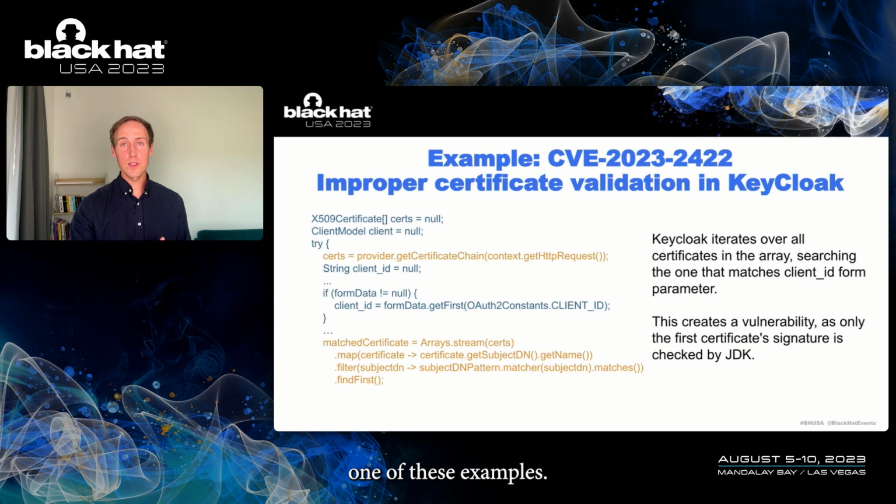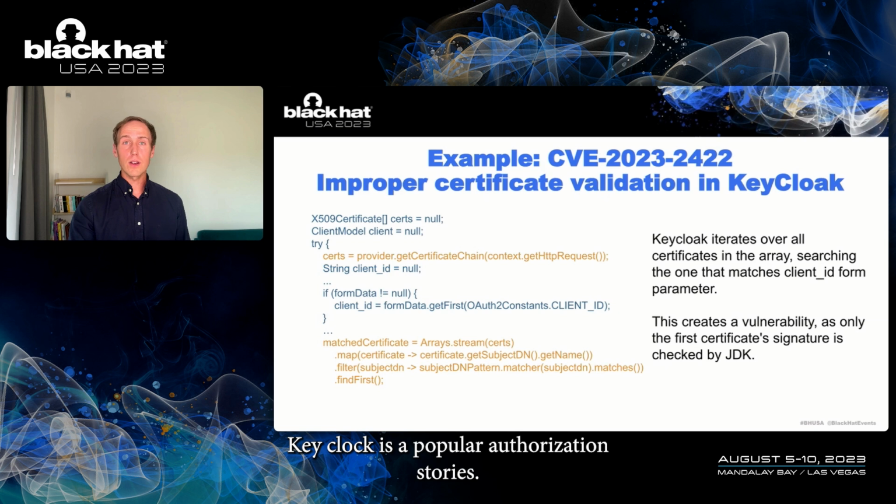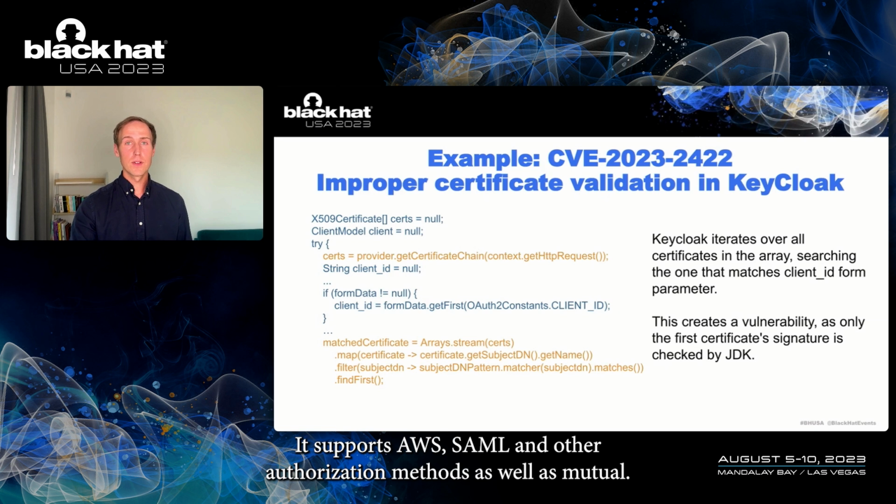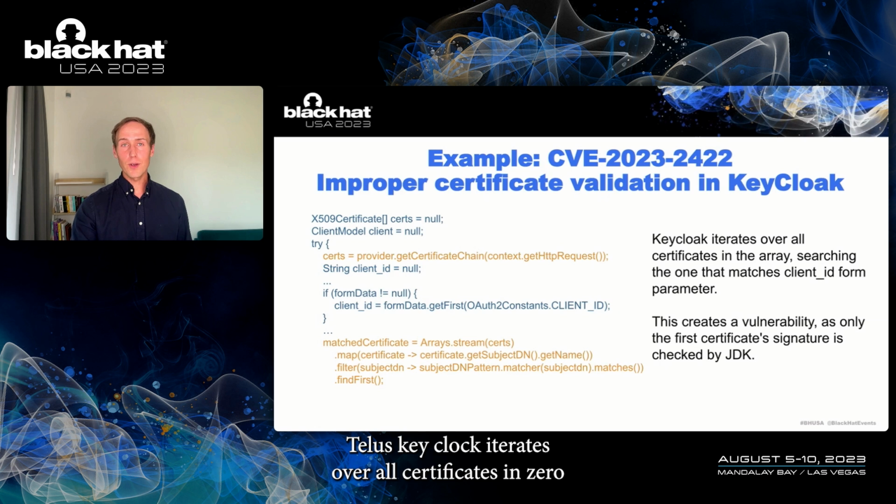One of these examples was a vulnerability I discovered in Keycloak. Keycloak is a popular authorization server that supports OAuth, SAML, and other authorization methods, as well as mutual TLS. Keycloak iterates over all certificates in the array, searching for the one that matches the client ID form parameter.